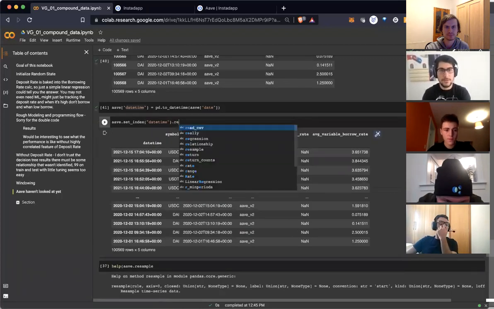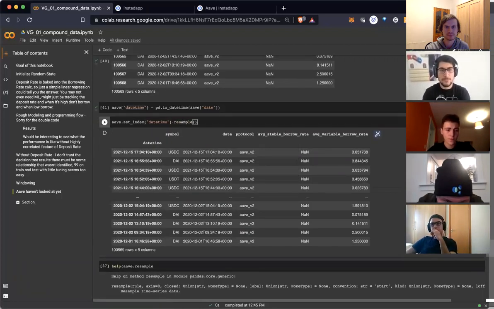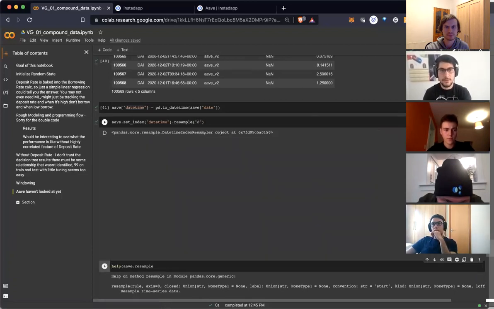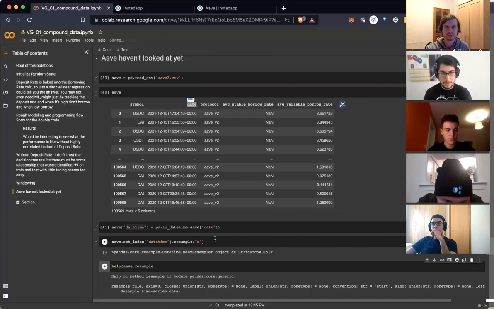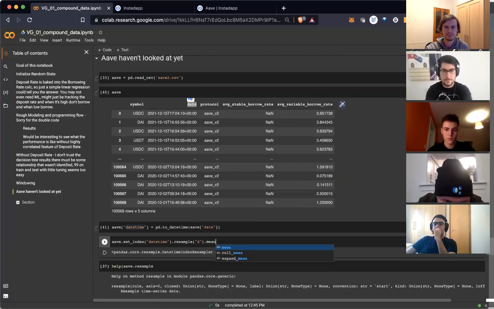It's similar to the group by function. You kind of have to set it up, whether it's going to be the average of the day, the sum, or something else.